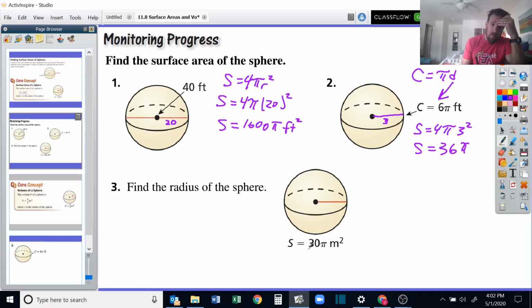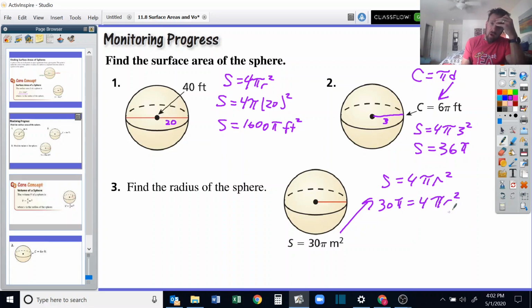One last problem here. When we know the surface area, so our surface area formula is 4 pi times the radius squared. I know the surface area, so I'm going to substitute that surface area for the S. So I've got 30 pi equals 4 pi times the radius squared.